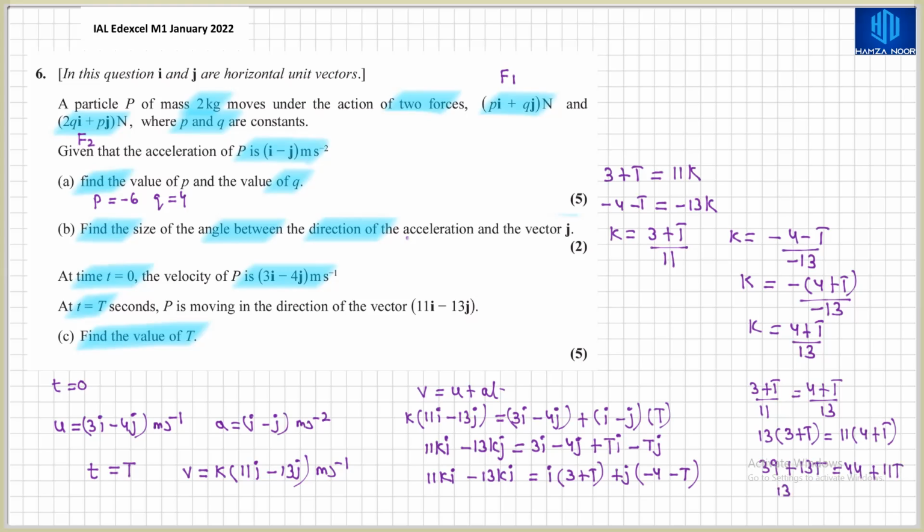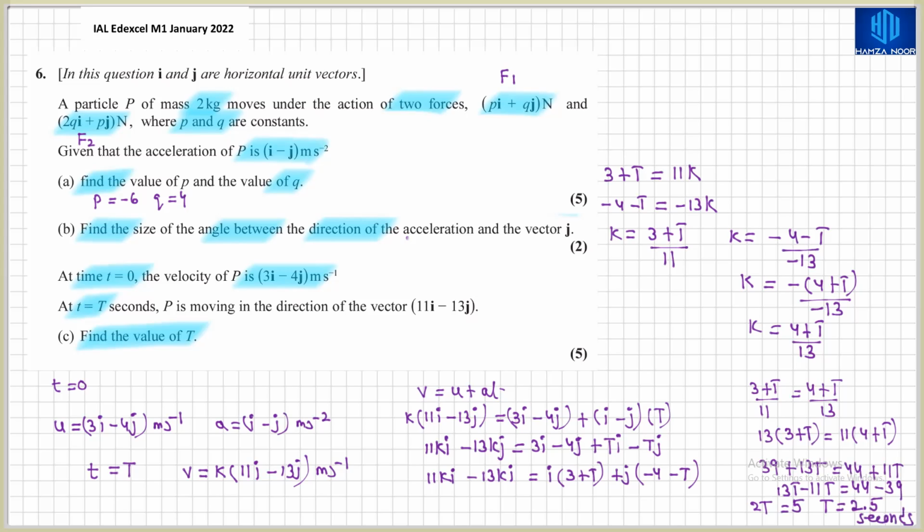Therefore 13T minus 11T is equal to 44 minus 39. So 2T is equal to 5, and therefore T is equal to 5 over 2. T is equal to 2.5 seconds.